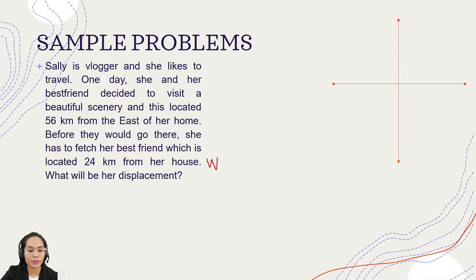Okay, let's try to put it in a graph. So this is Carrie's home. Now, the scenery that they're going to see is located here, 56 kilometers from the east. And then, the house of her best friend is located from the west of their house. So, let's say here. Now, let's put the path. Before going to the scenery, she has to go here, which is 24 kilometers.